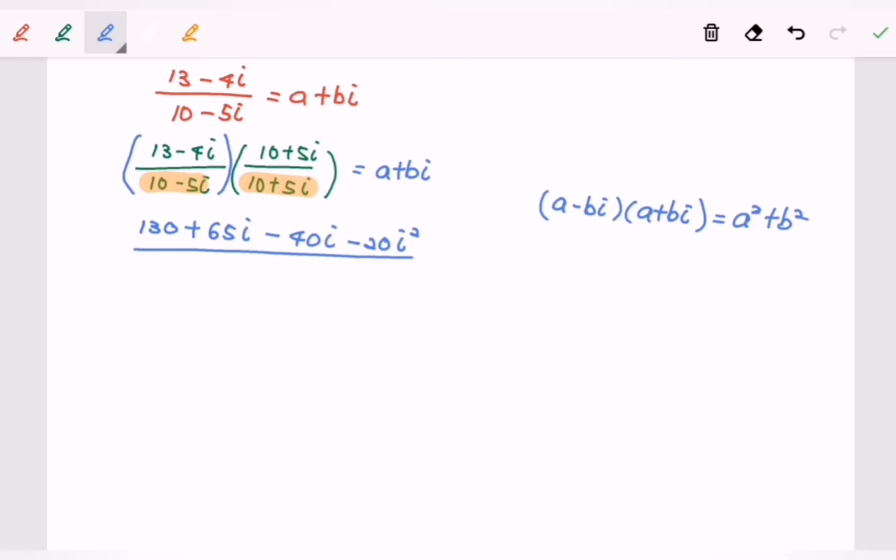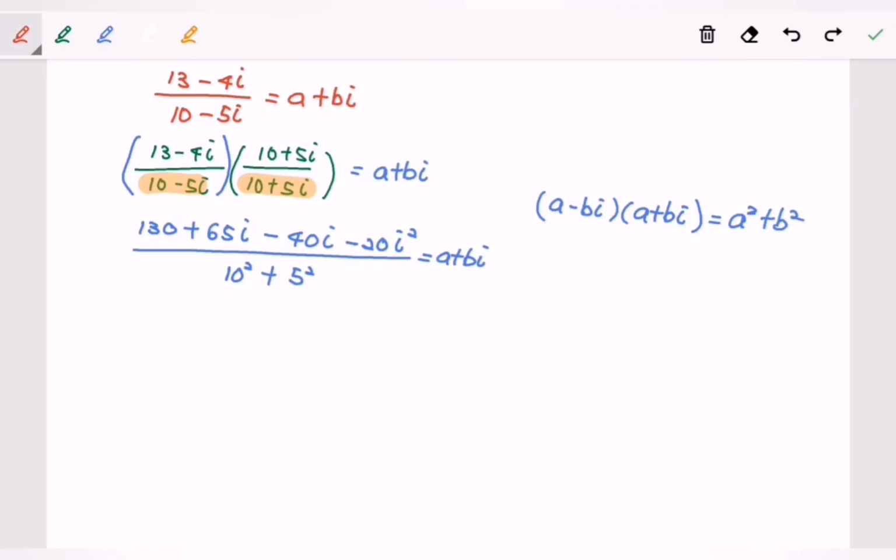So for this case, it would be 10² + 5² equals to a + bi. So my advice to you, do observe and try to find out the situation and then you can apply the formula. Do remember, i² actually is equal to negative 1.